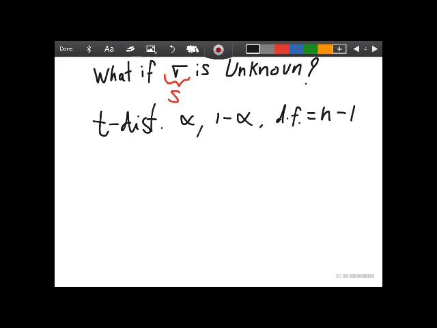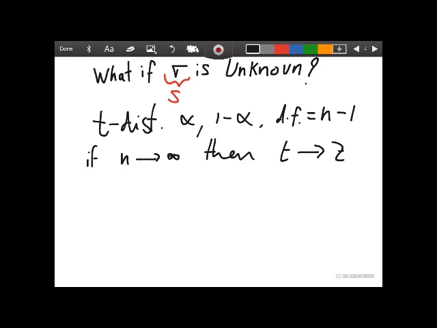So if n goes to infinity, then the t distribution goes to the z distribution, all right? But if the number of observations is not infinity, and normally we don't have an infinite number of observations, then we need to make sure that we're using the correct t distribution.